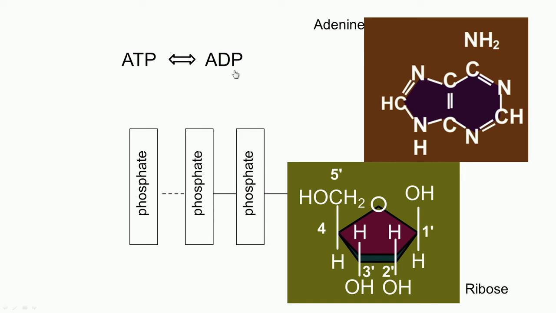ATP gets converted to ADP by the release of energy, and this energy is rightly sized to fulfill the needs of various cellular processes, reactions and so on and so forth. It is about 7.3 kilocalories per mole, and that is about the right size for various things.